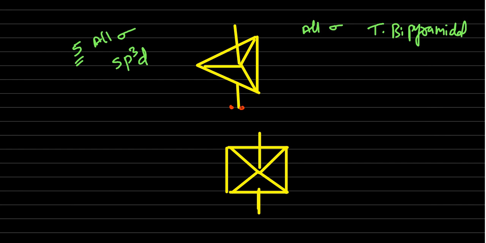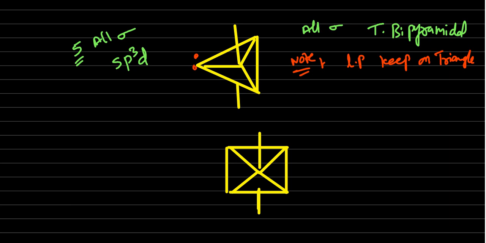So in that case, what is the structure here? This is very important. Where will you keep the lone pair? Note this point: keep the lone pair on the triangle corner.